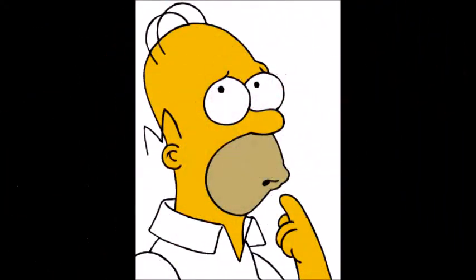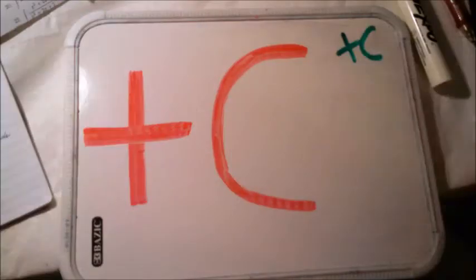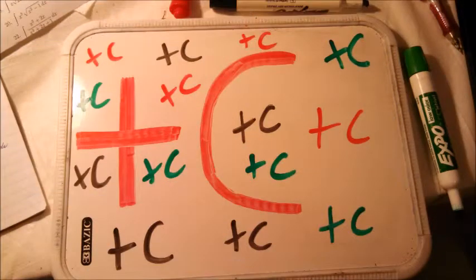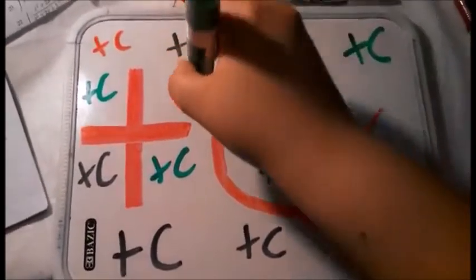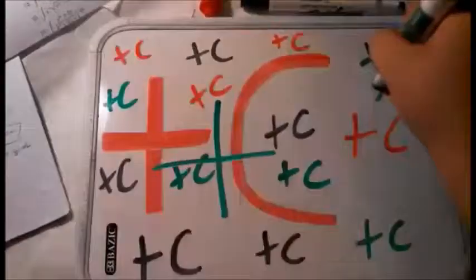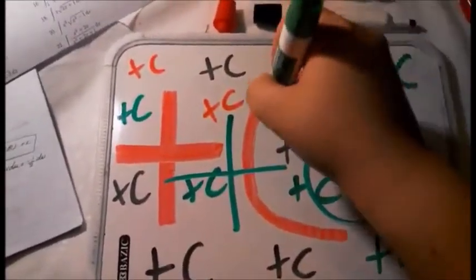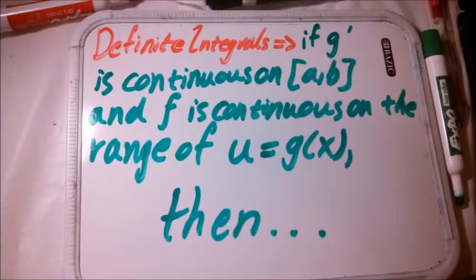The number one thing that should not be forgotten is the plus c. You can write it on your hand, you can write it at the bottom of the paper before even starting the problem, you can memorize it, you can do anything you want as long as you don't forget plus c. Now let's start a problem with a definite integral.